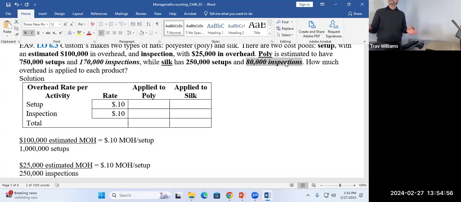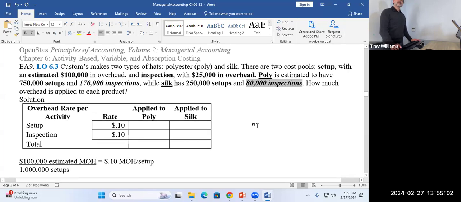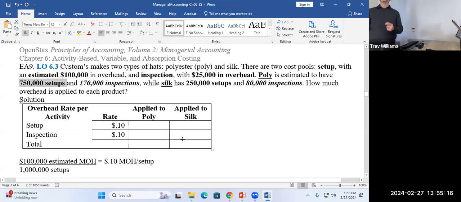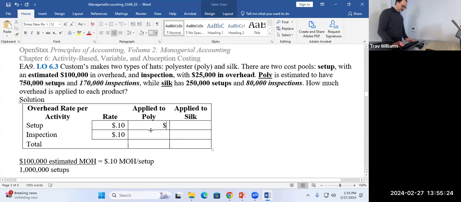Great, so we have the overhead rate. Now we can apply it. So now we have to do that per product. So if Polly had how many setups? 750,000 setups, and we're applying overhead at a rate of 10 cents per setup, what does that come out to? $75,000, okay?